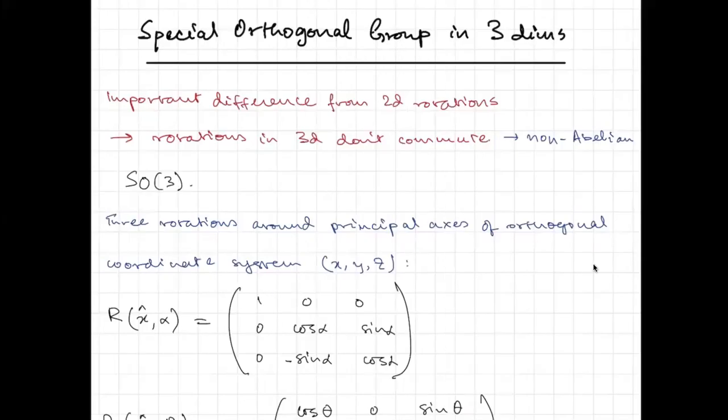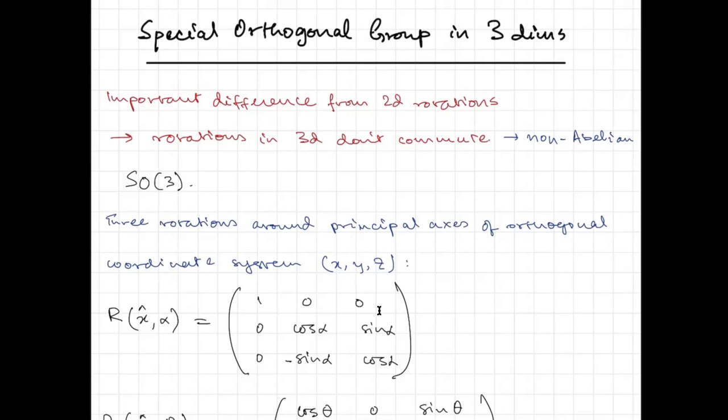is that you go from being an abelian group, so rotations, as we have said, on a plane in 2 dimensions commute, but when you are in 3 dimensions, the important difference is that the rotations in 3 dimensions no longer commute, right?